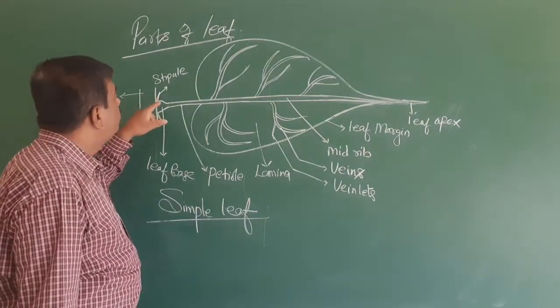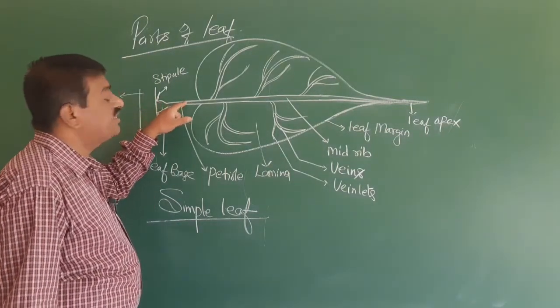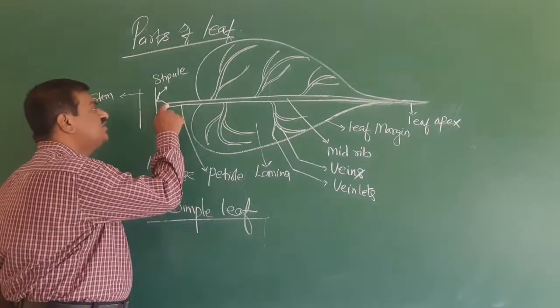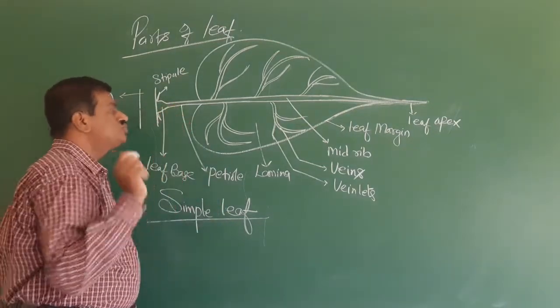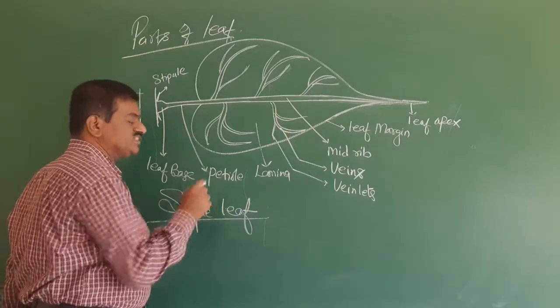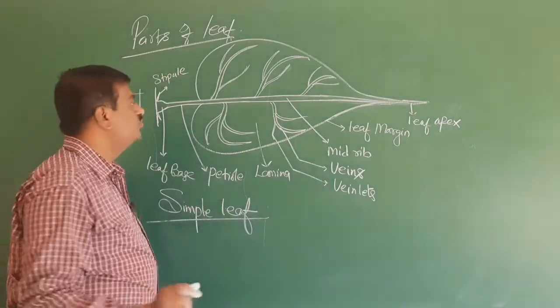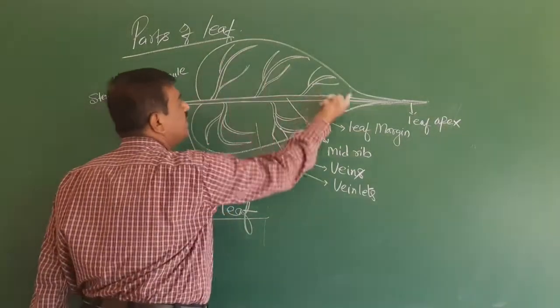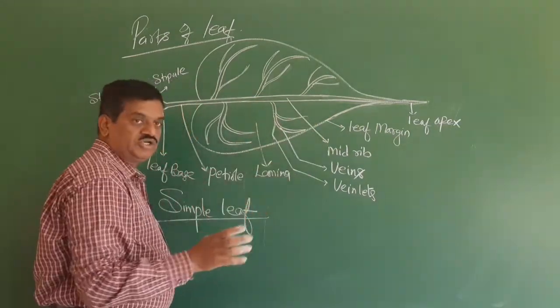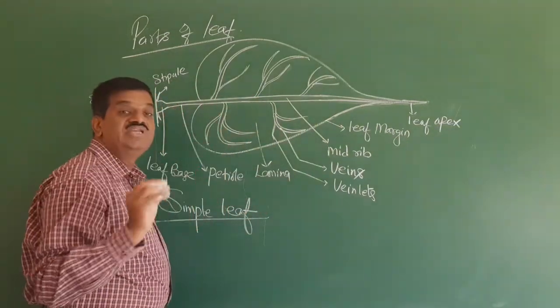Next, the leaf base is continued as a stalk-like structure called petiole. The petiole holds the leaf lamina.